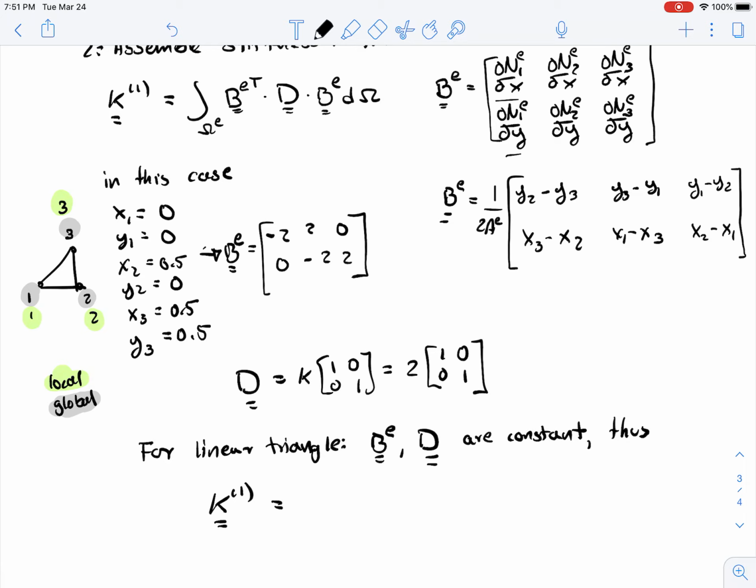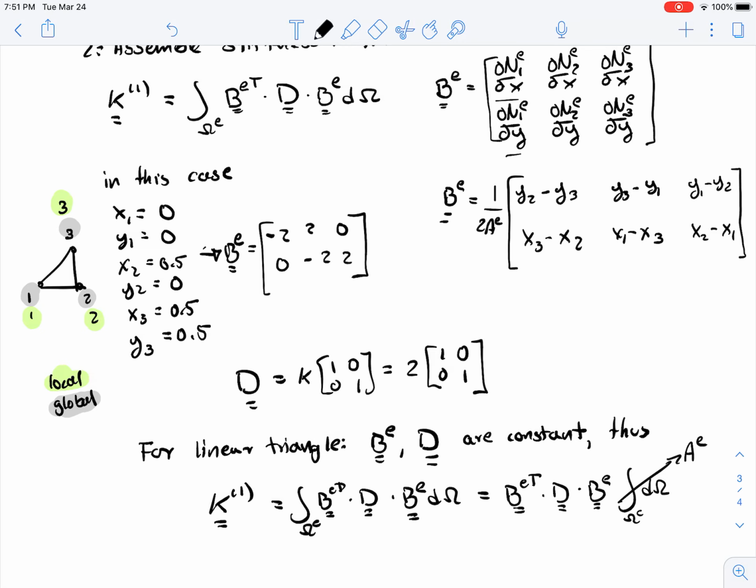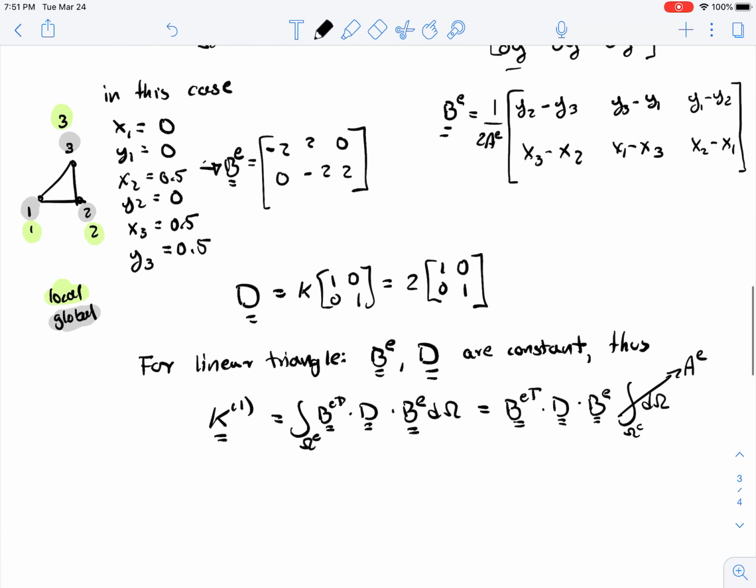Which means that for the linear triangle, we can take everything out of the integral, and then we are left with the integral of d omega, which is just the area of the triangle.